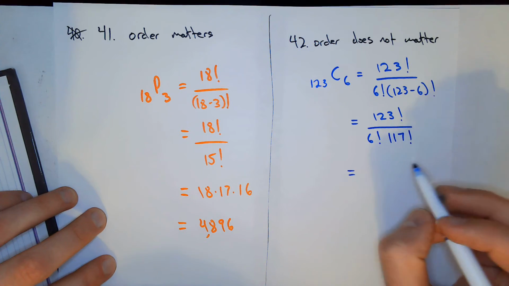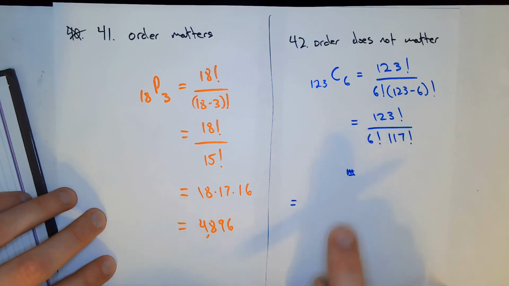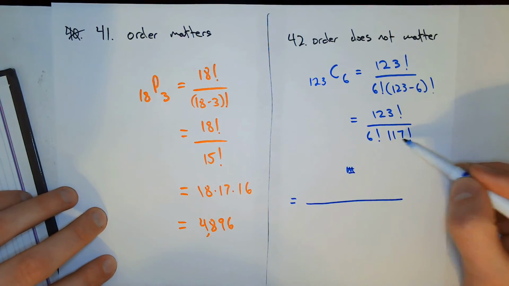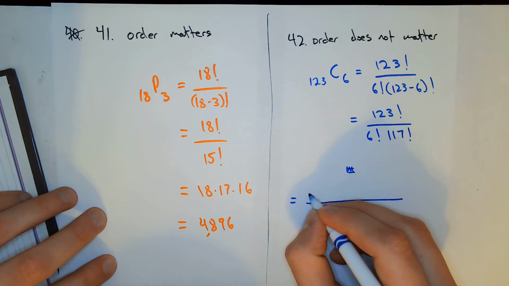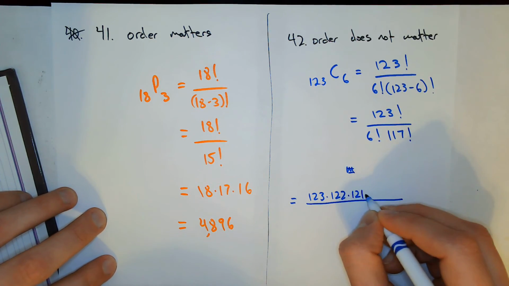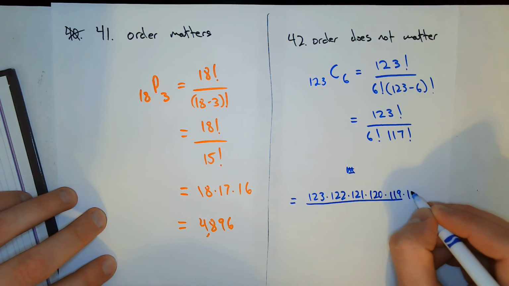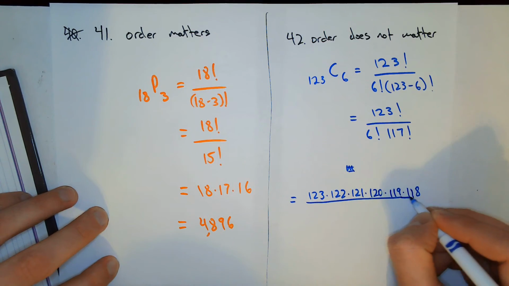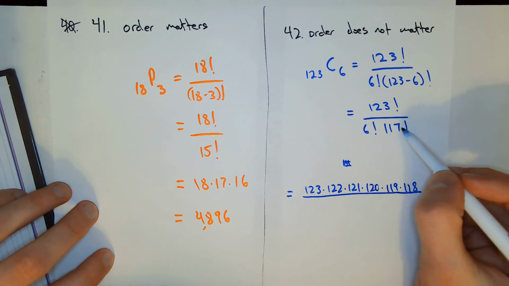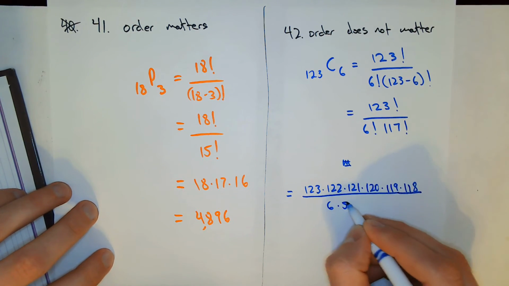I'm going to back my equal sign up so I have room here. The 117 and below will cancel, so I'll have 123 times 122 times 121 times 120 times 119 times 118. And that effectively cancels all of this out, and now I still have the 6 factorial in the bottom.